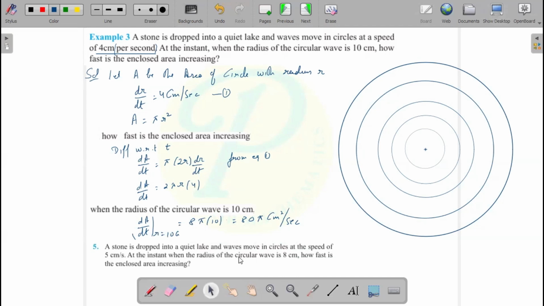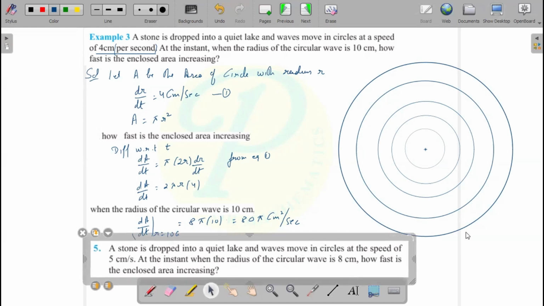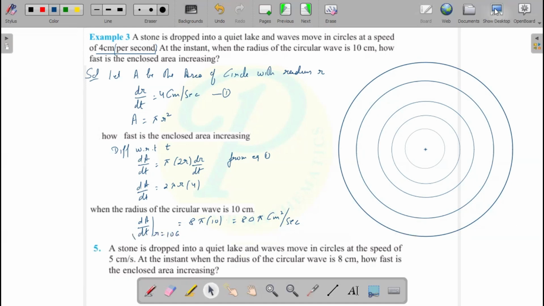And question number 5 from your NCERT exercise 6.1.